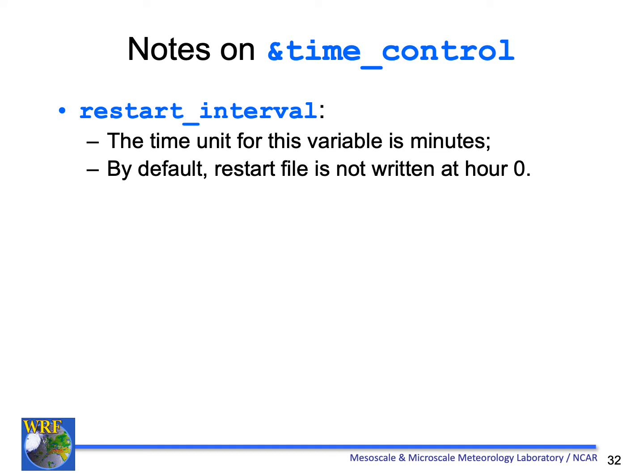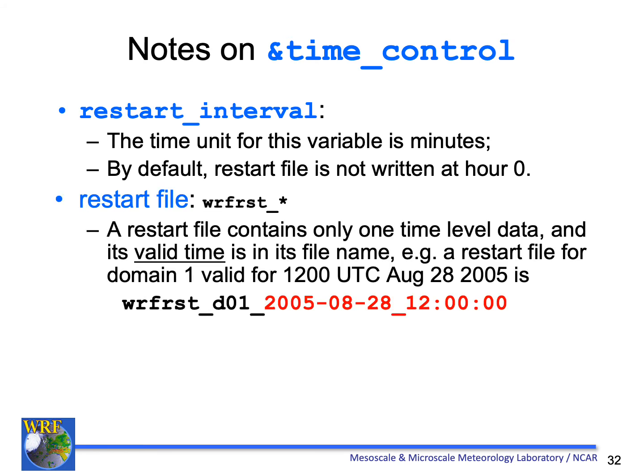Here are a few notes on restart interval and a restart file. The time unit for restart interval is minutes. By default, a restart file will not be written at the model start time, a trivial point perhaps.